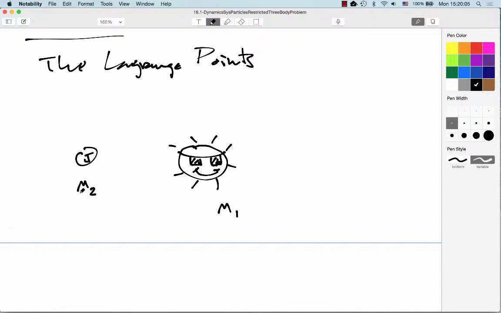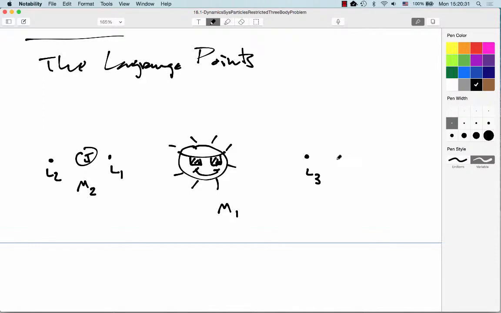And then the 5 points where our asteroid will orbit the sun at the same rate as Jupiter are the 5 Lagrange points, and they are located here. This is L1. There, that's L2. Somewhere over here, that's L3.